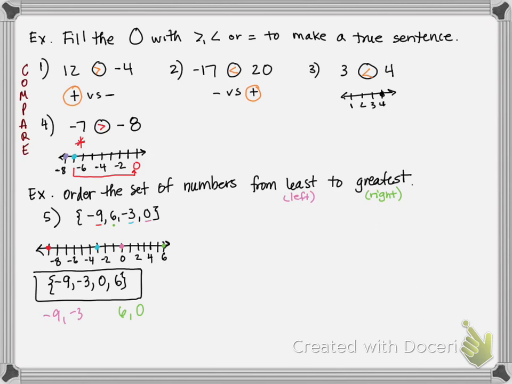I know the negatives are always going to come first. -9 is smaller than -3, so I'm going to write them down. And then between 6 and 0, 0 is smaller than 6. So you can split them that way too and do the problem. So we'll do the next one like that.